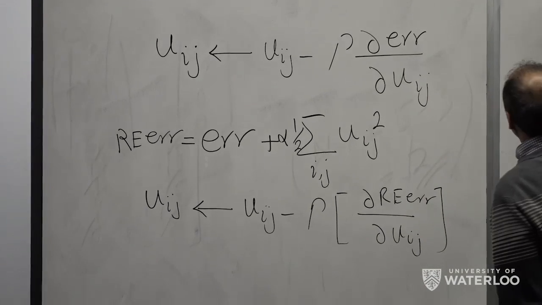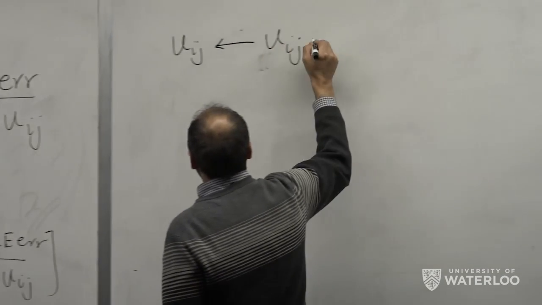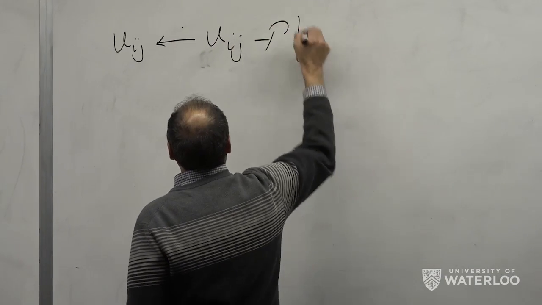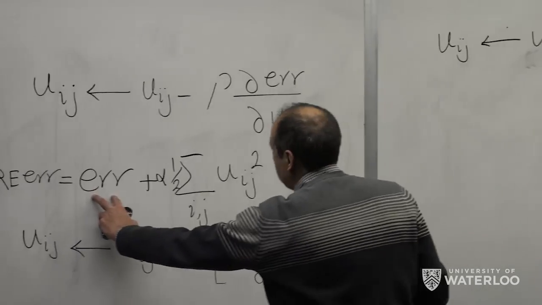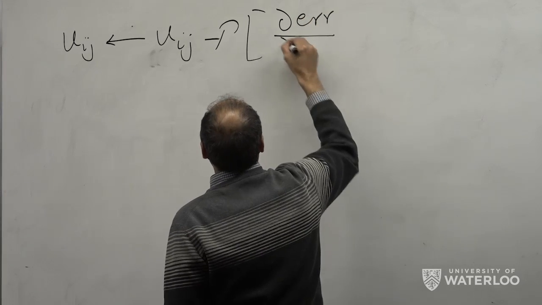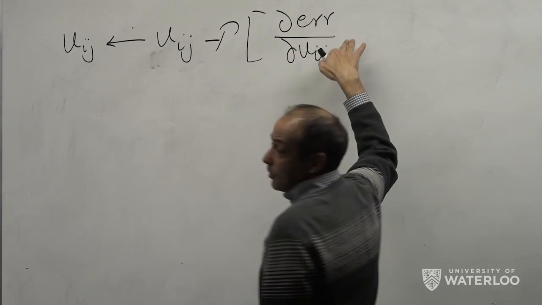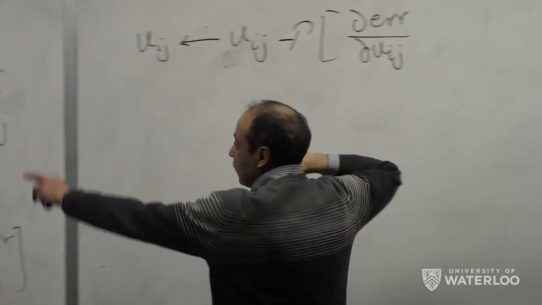So Uij will be Uij minus rho times the derivative of the regularized error with respect to Uij, which is the derivative of the first term with respect to Uij, which I can compute using backpropagation, similar to what I did before.